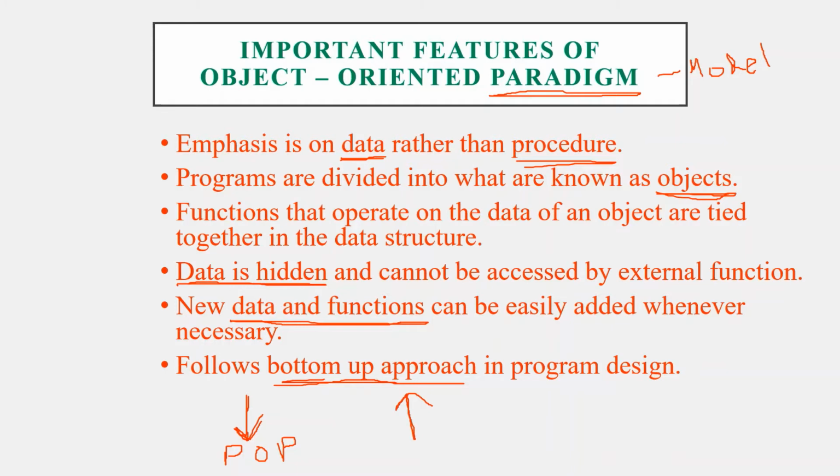Whereas in bottom up approach, we deal with objects. So we create a number of objects, then we combine those objects to write the code for our program. So object oriented programming is a bottom to top approach. Then procedure oriented programming is a top to bottom approach.